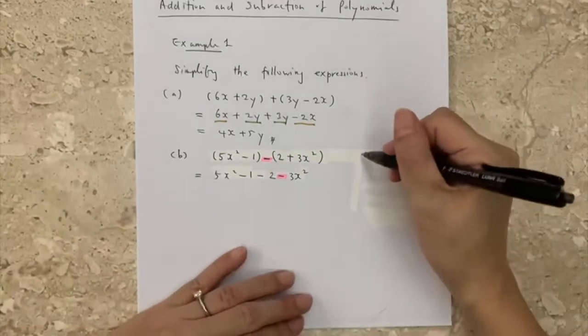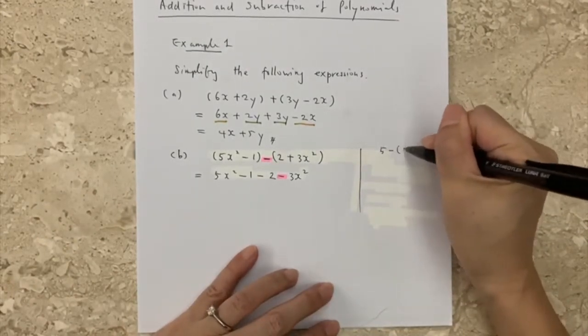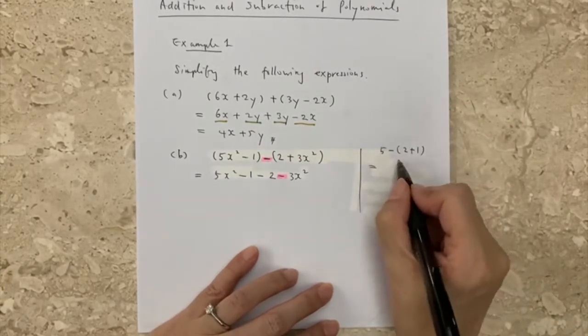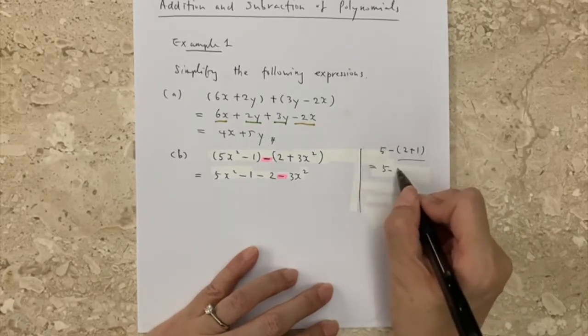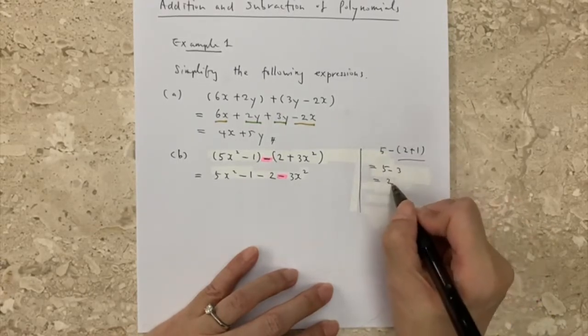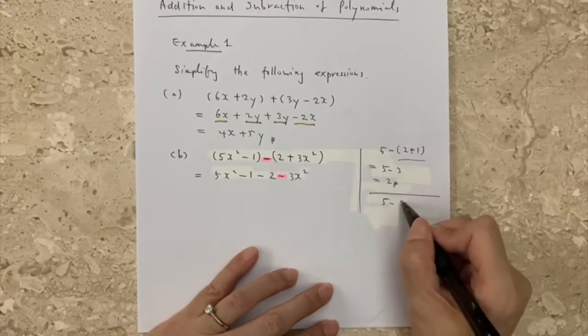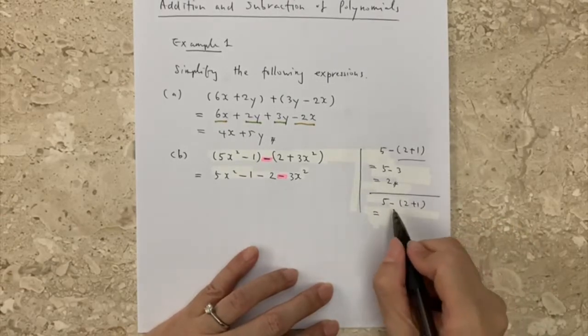Alright, so let me explain to you here. What is the value of 5 minus 2 plus 1? Alright, to do this, we'll work out the value inside the bracket first. So that would be 2 minus 3. Is that right? Okay, so the answer is 2. So if I write this one more time, another way to do this is to remove the bracket.